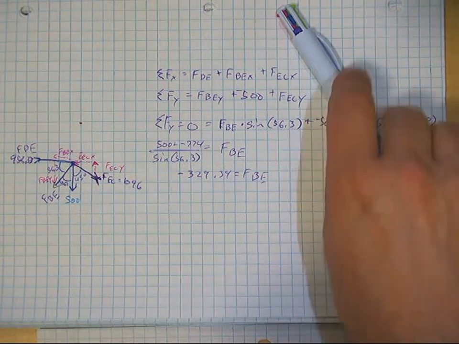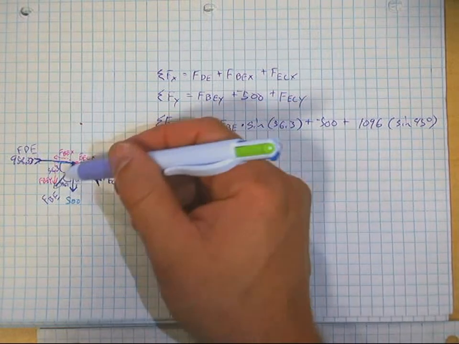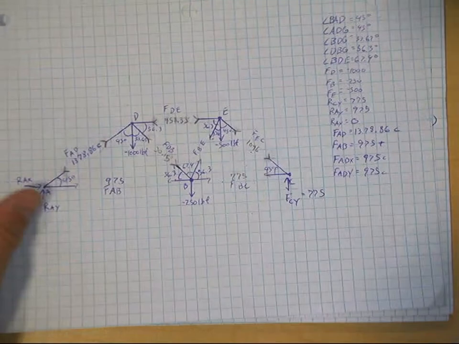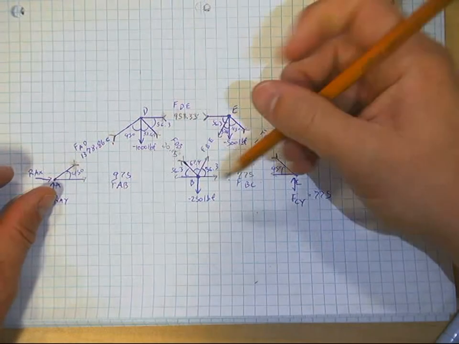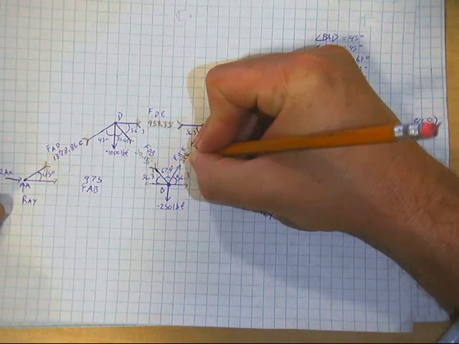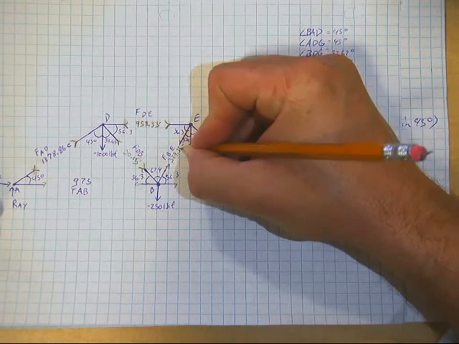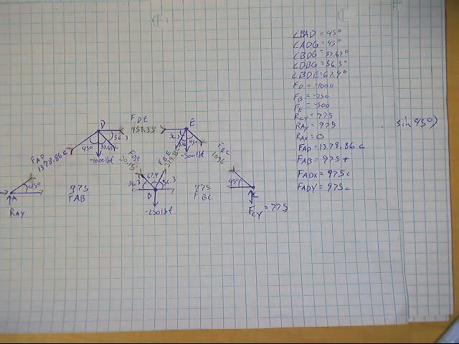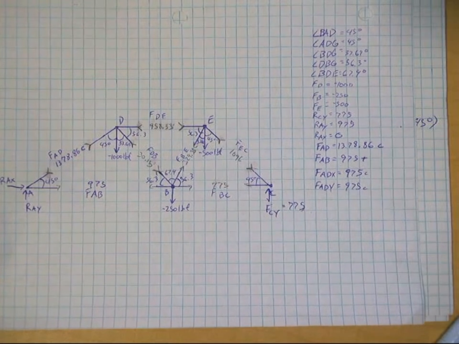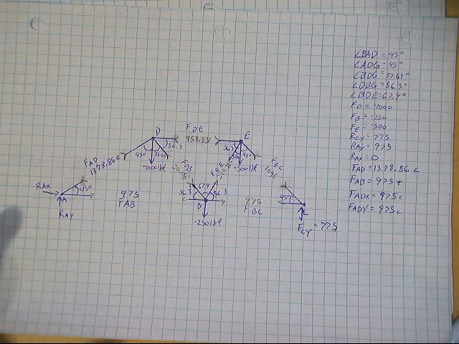And that's going to be in tension, so it's pointing towards the center of the member. So we have FBE is going to be 329.34, and there could be a rounding error in there, like 330. It is 330.51 precisely, but my rounding has gotten it a little bit different there.